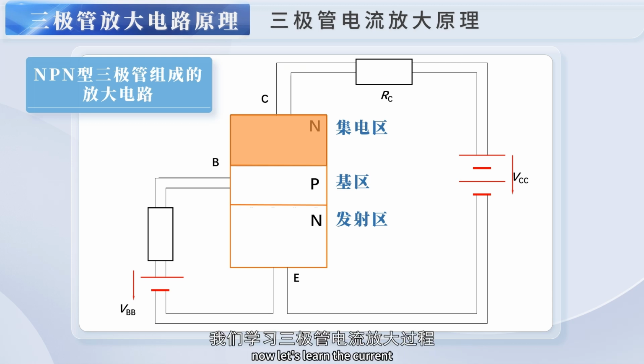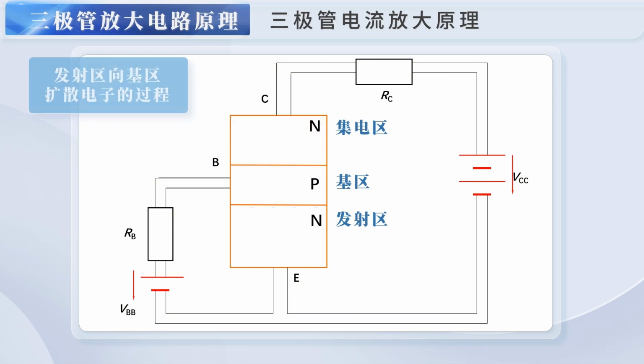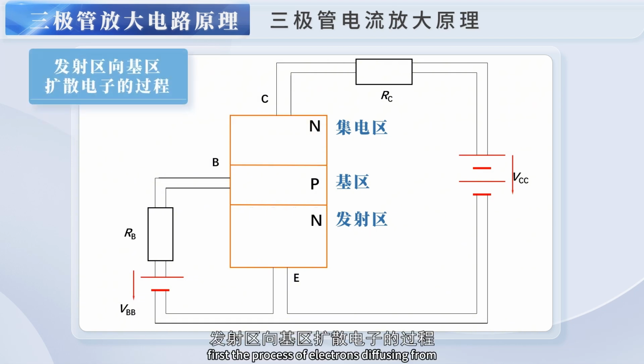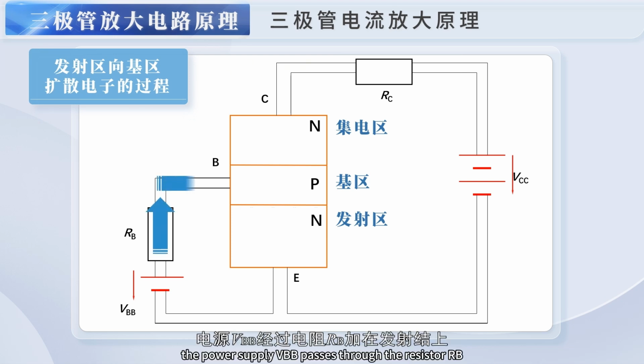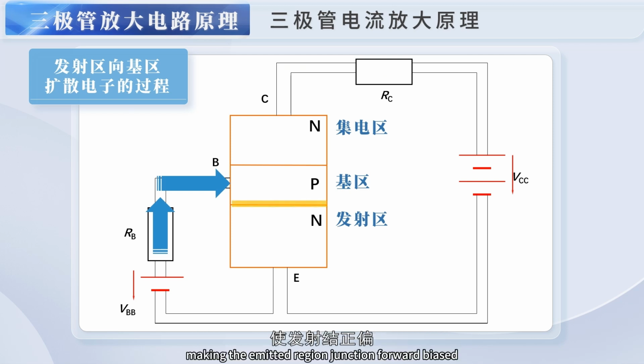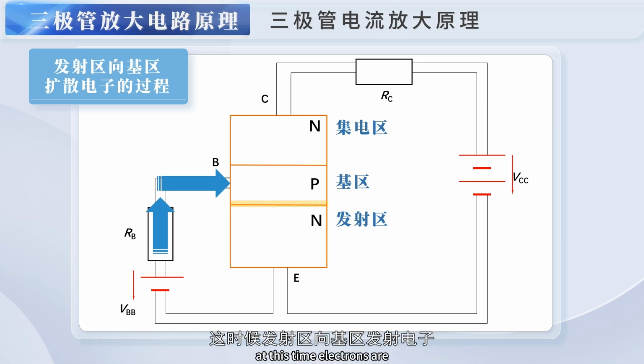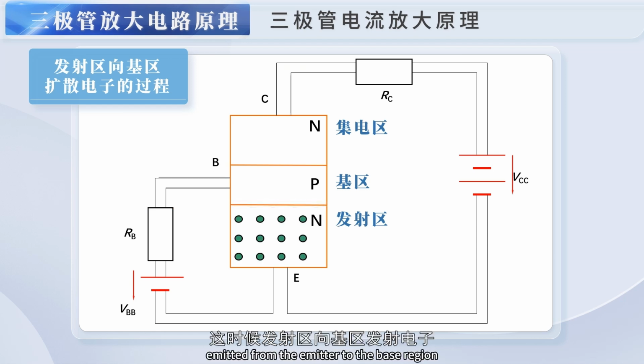Now let's learn the current amplification process of the triode. First, the process of electrons diffusing from the emitter to the base region. The power supply VBB, through the resistor RB, is applied to the emitter junction, making the emitter junction forward biased. At this time, electrons are emitted from the emitter to the base region.